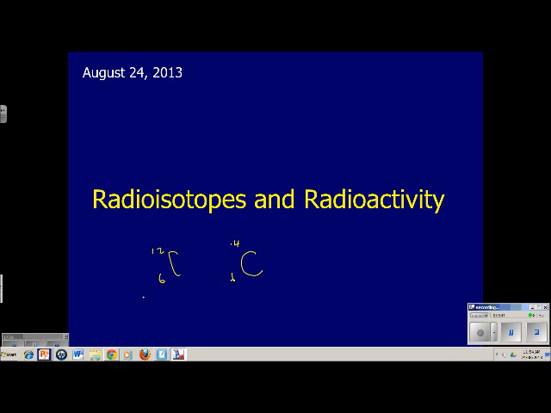And if we take a look at the particles in these two isotopes, in terms of the number of protons, there's 6, and then the number of neutrons, remember we have to subtract, there's 6 as well. And in terms of electrons, and we're not really worried too much about electrons in this particular lesson, there would also be 6. But because we're talking about isotopes, remember, isotopes have the same number of protons but different numbers of neutrons.